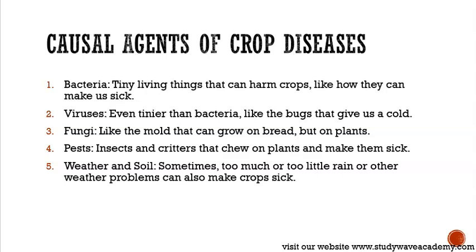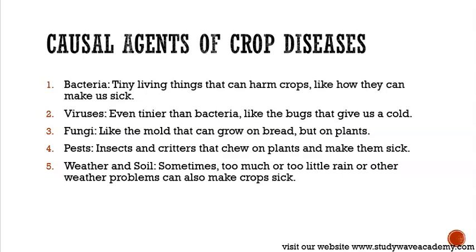Causal agents of crop diseases. Causal agents of crop diseases means the things that make plants or crops get sick. These agents are like the reasons why plants can become unwell.